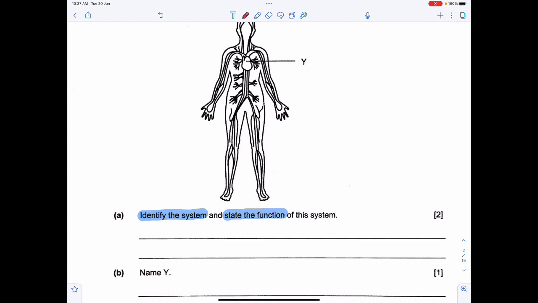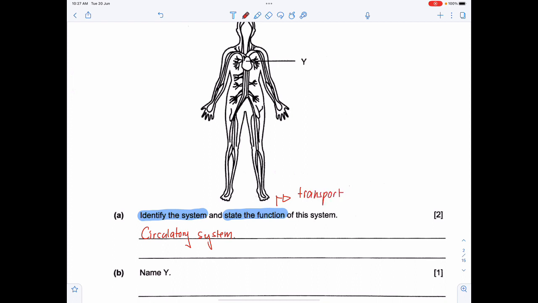The system over here, clearly, is the circulatory system. This is the easy part. The difficult part is actually remembering the function of the system. The function of this system is a transport system.